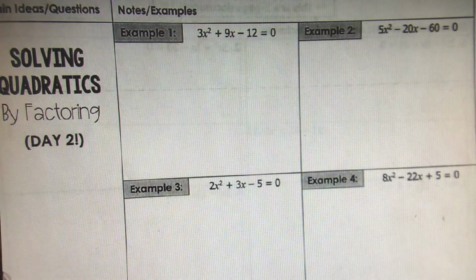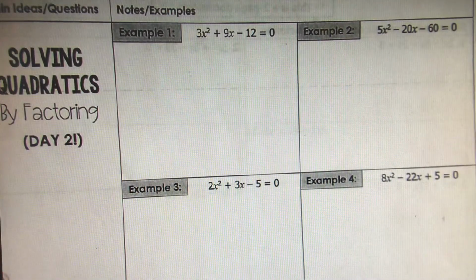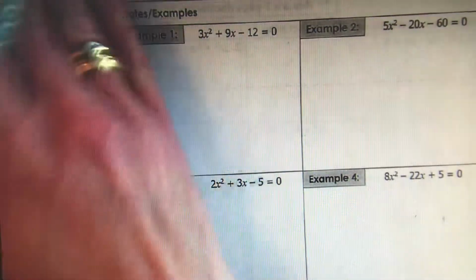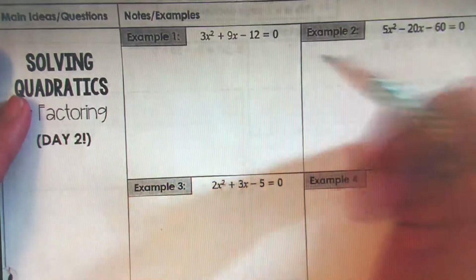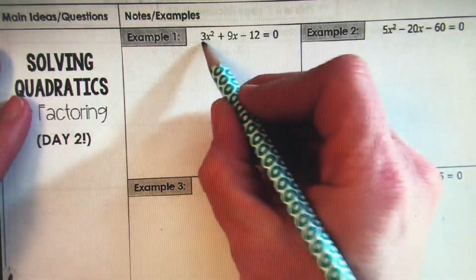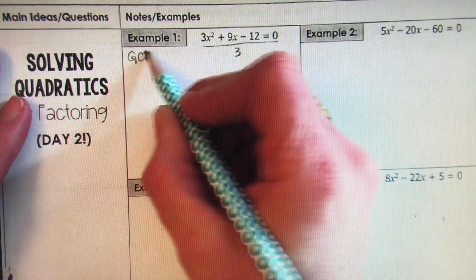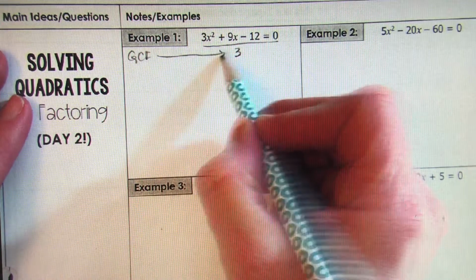As I said before, I see this and the first thing I think about is let's get that 3 out of there. Let's find a greatest common factor, and that is 3.